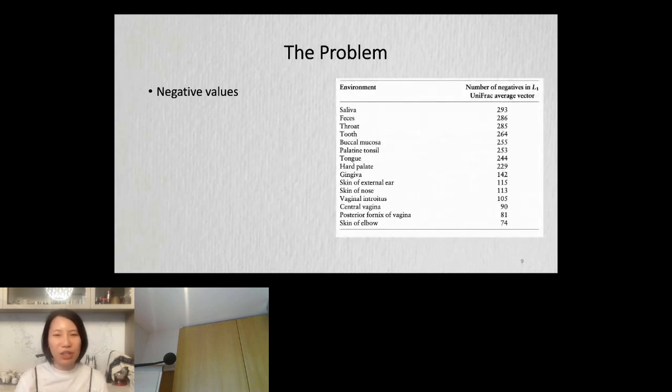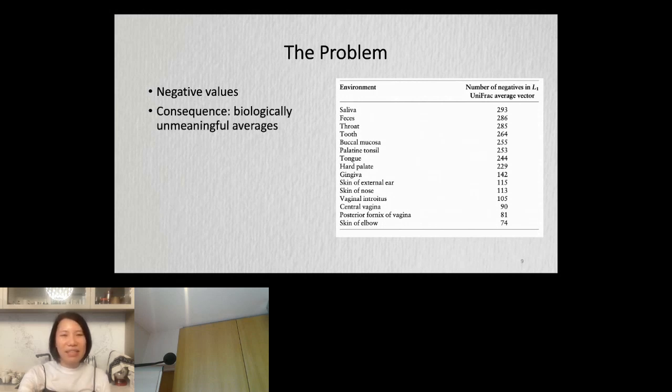In this picture, we did an experiment. We gathered a bunch of metagenomic samples from different body sites and computed the supposed barycenter according to the method we just described. This column of numbers we see here represents the number of negative values in the vector that's obtained in this process.